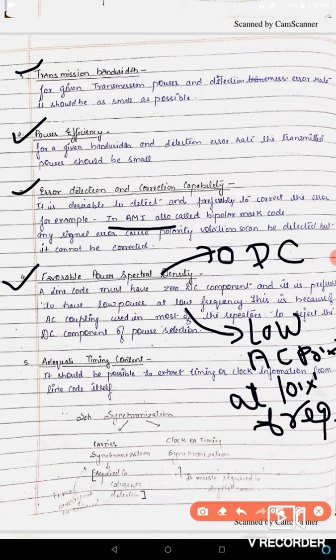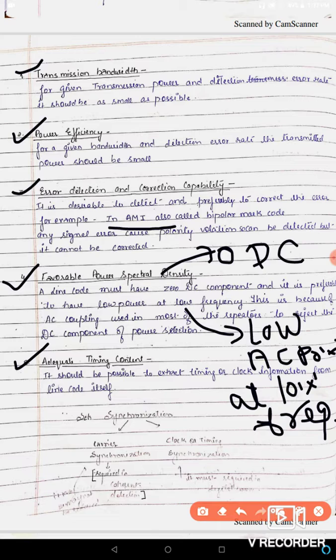The fifth important property of a line code is that it must have adequate timing content. One of the differences between analog and digital communication is that in digital communication we must have a clock at both the transmitter and receiver, and these two clocks must be synchronized.